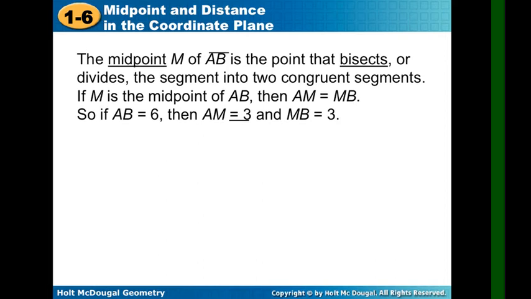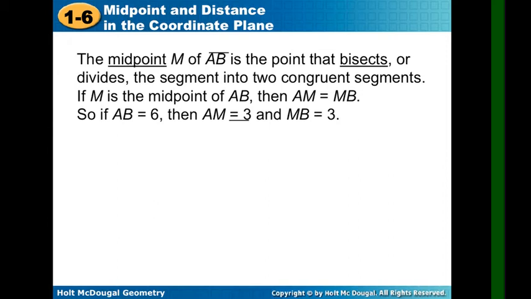The midpoint M of a segment AB is the point that bisects, or divides, the segment into two congruent segments. Based sa definition ng midpoint, ang AB halimbawa is a line segment na kung saan yung M ay point siya na nagbabisect or inahati yung line segment into two congruent segments.